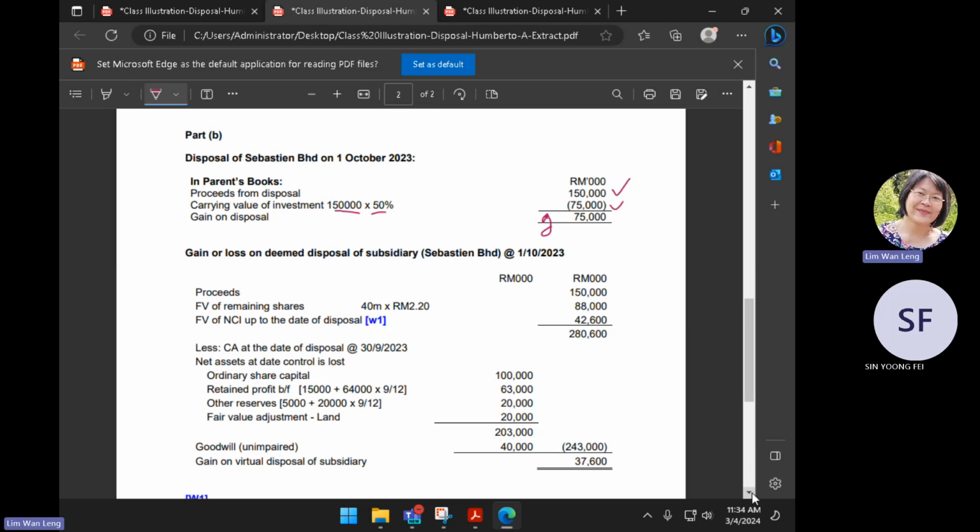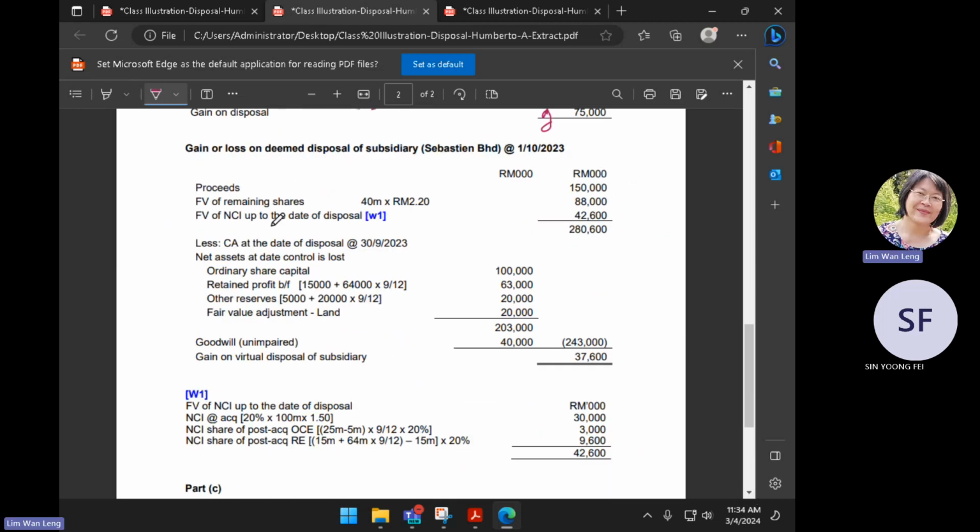All right. Then gain or loss on the deemed disposal or virtual disposal, because it's actually not really selling off and buying back, right? So you choose the one that says full goodwill pro forma.